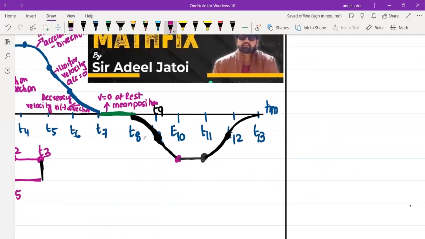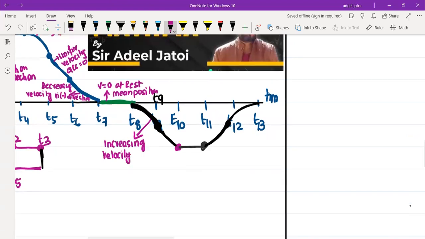Then what do we have? T8 to T9, increasing velocity. Negative acceleration in negative direction.